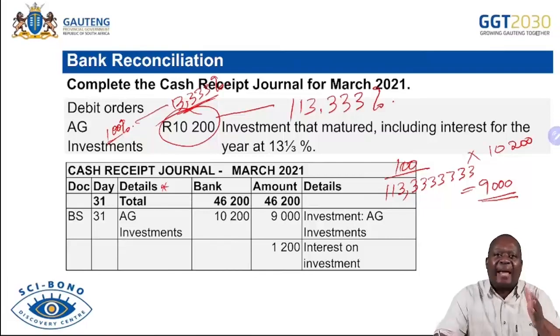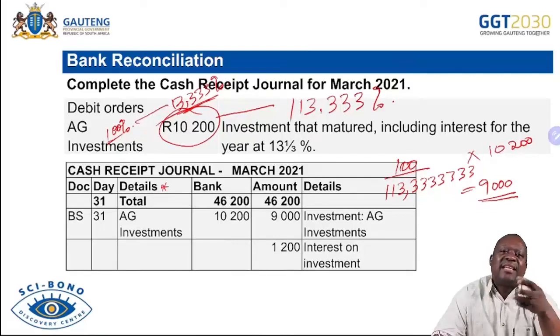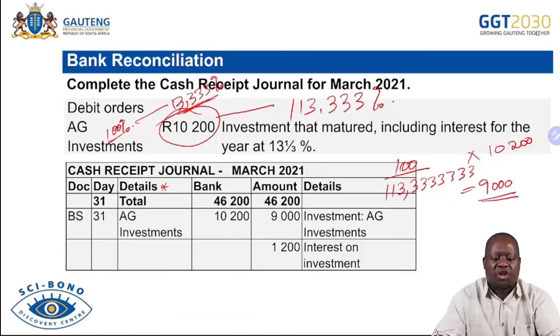So this should be a name of a person that is giving us money, or the name of the organization that is giving us money. Remember, it has to be the name of whoever is giving us money.